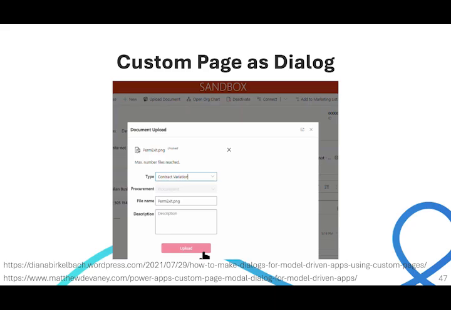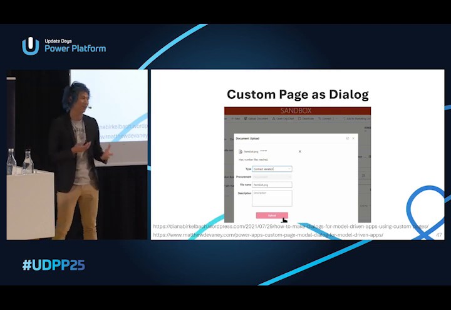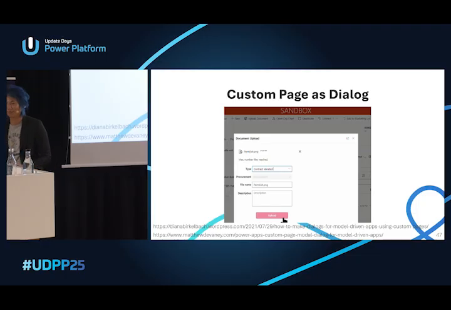But the only problem is that it cannot return the data back to the JavaScript. The custom page is not aware of the JavaScript, it just closes. We can't really return the data.